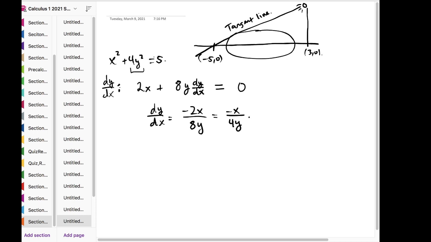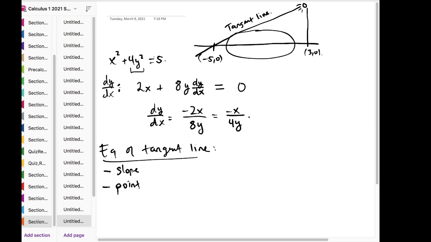All right, so we need the equation of the tangent line. What two pieces do we need to know for the equation of a tangent line? What two things do we need? We need the slope, and we need a point.